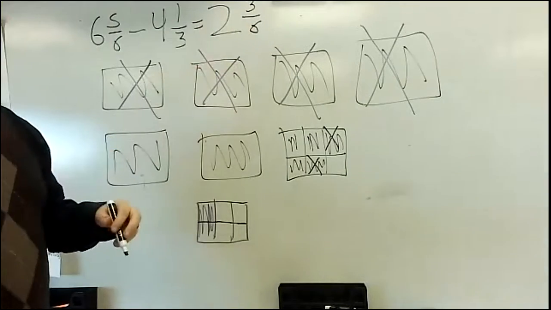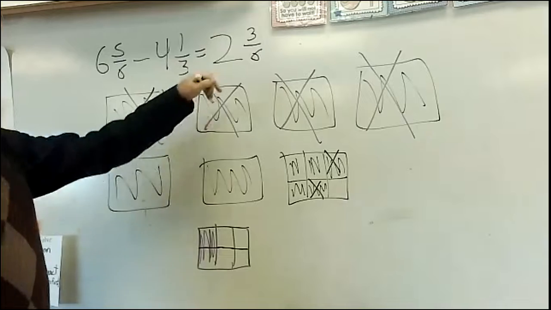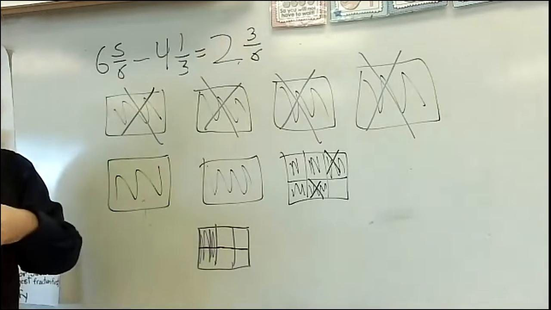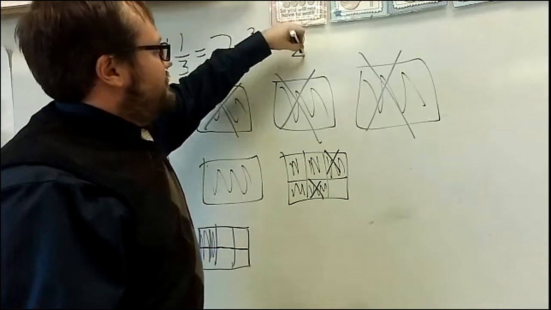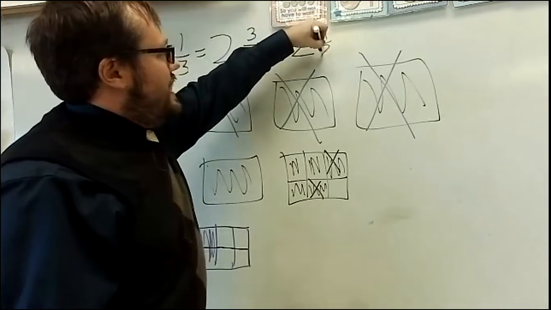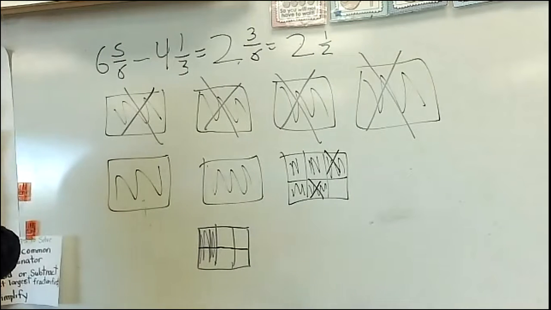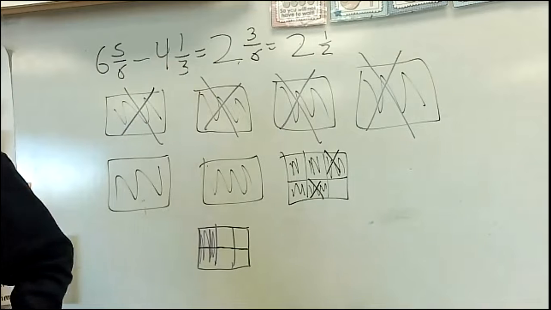And I'm just going to kind of use what I know to help me. I know that 3 is half of 6. Anytime you see a numerator that is half of the denominator, it is equivalent to 1/2. So my final answer is 2 and 1/2. Take about 30 seconds. Make sure you have this complete visual inside your math notebook.